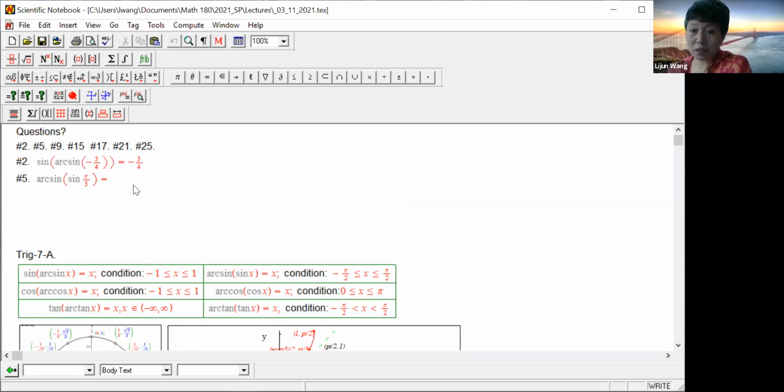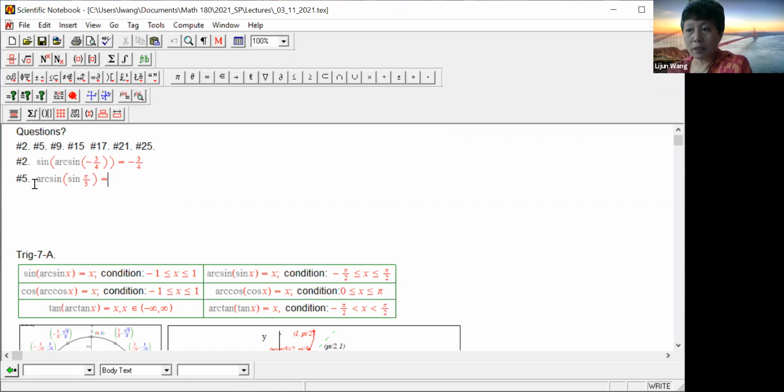It's because arc sine has a domain between -1 and +1 inclusive, and the domain for sine is all real numbers. That's why we don't have to worry about the domain. Any number you put there is bound to be in the domain.